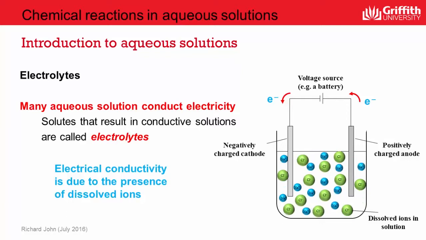And this phenomenon occurs due to the attraction of opposite charges. So the positively charged anode attracts the negatively charged chloride ions, the negatively charged cathode attracts the positively charged sodium ions. And so whilst we've got the mobile charge carriers being electrons in the external circuit, in the solution the electrical charge is being carried by these mobile ions, positively charged and negatively charged, sodium and chloride ions.